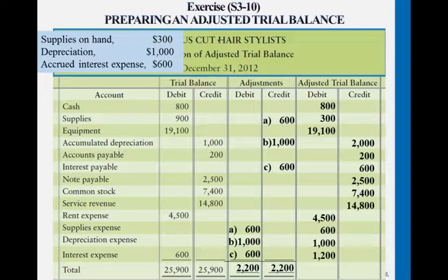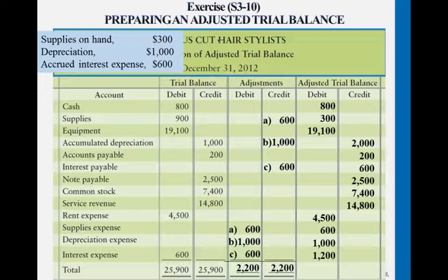Okay, so adjusted trial balance, really we're just doing adjustments for the adjusting entries that we made. All the other accounts, just copy the same information and paste it over there. Okay, that will be the end of today.